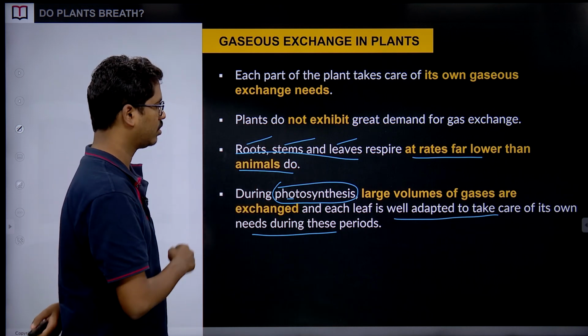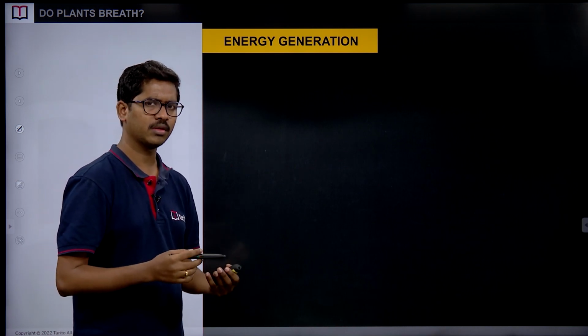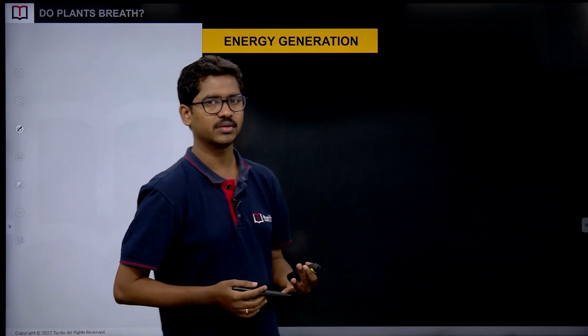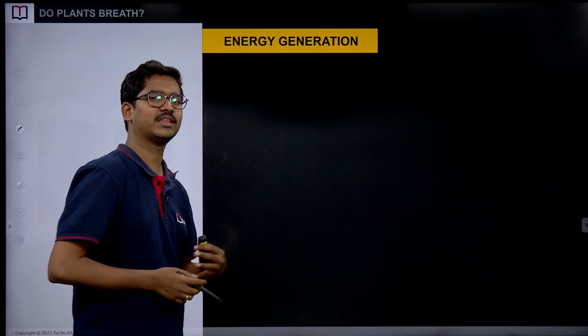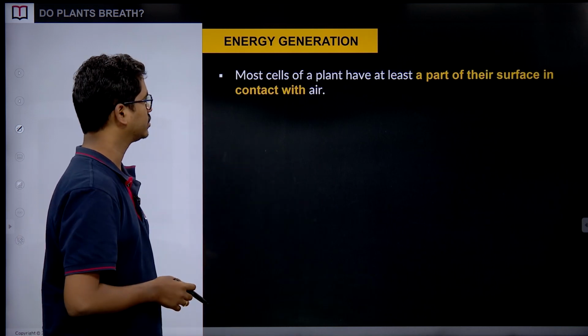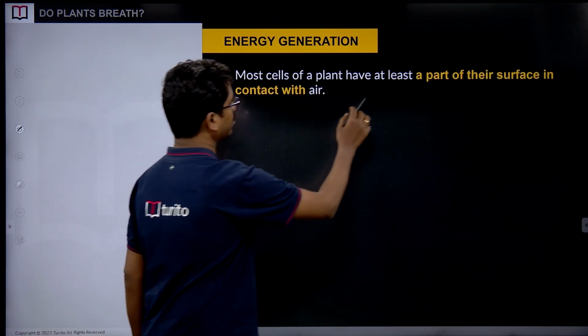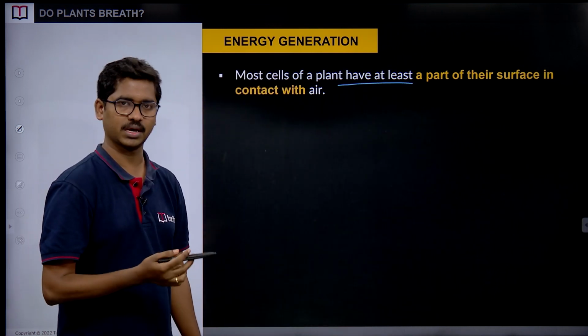That is something interesting you have to understand. Next, you see energy generation. So, why are they doing all these things? We did discuss that in the previous discussion, and at the beginning of this session we understood why they do it. It is for energy generation. Most of the plant cells have at least a good part of their surface in contact with air.